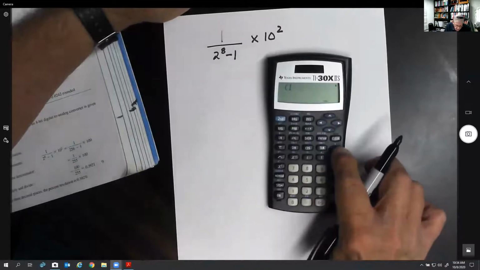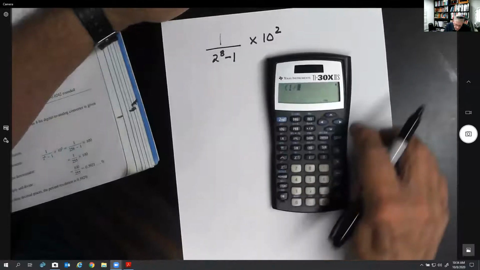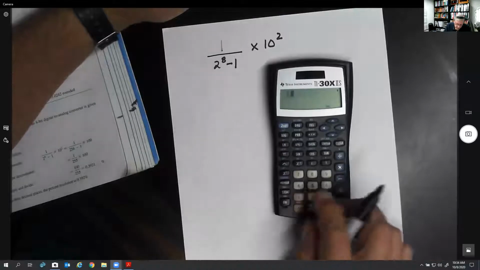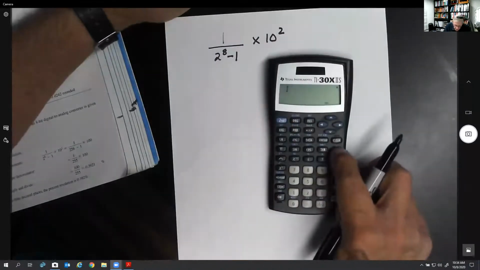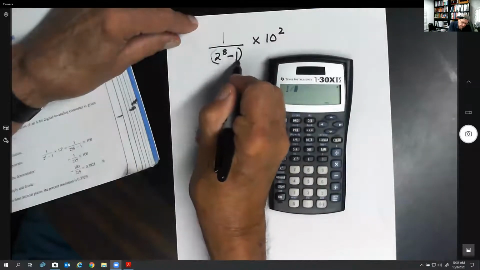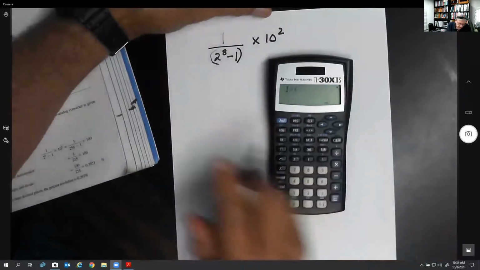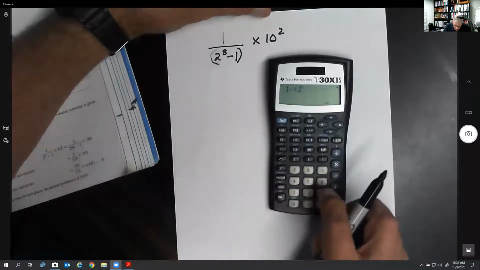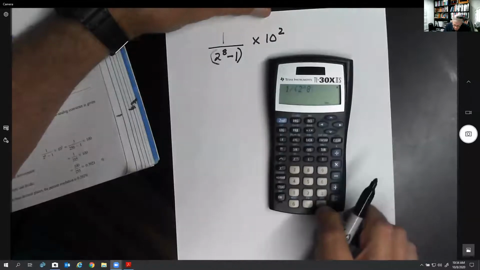Let's put the 1 down first. Hit divide. And we want to divide by this whole expression. So let's put that expression in the parentheses, because I'm afraid it might just divide this and then not know what we're talking about. 2 raised to the 8th minus 1.